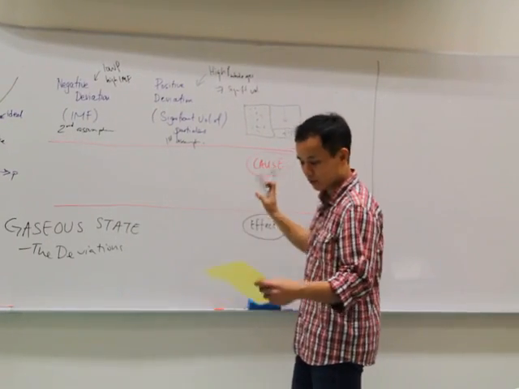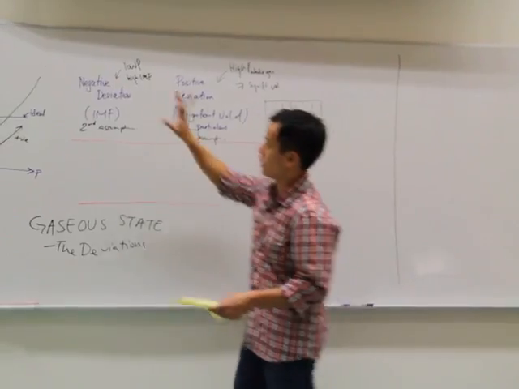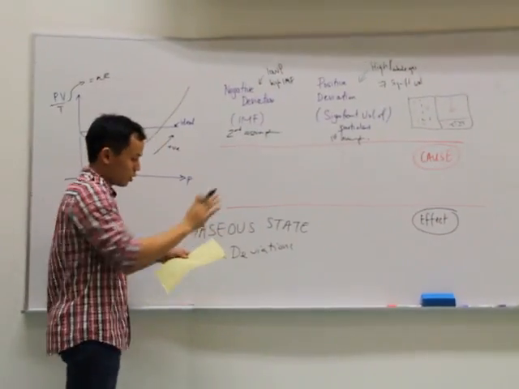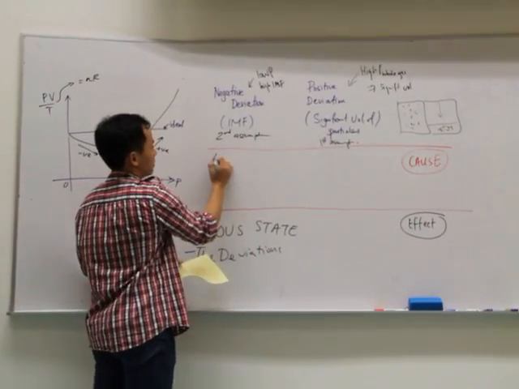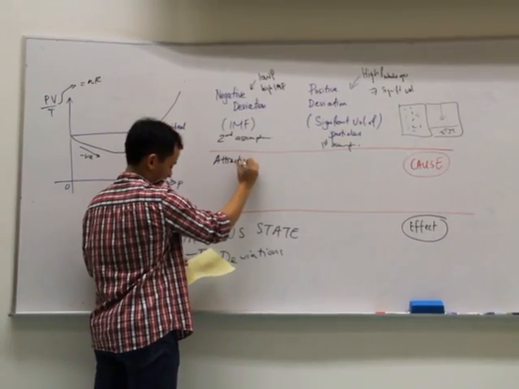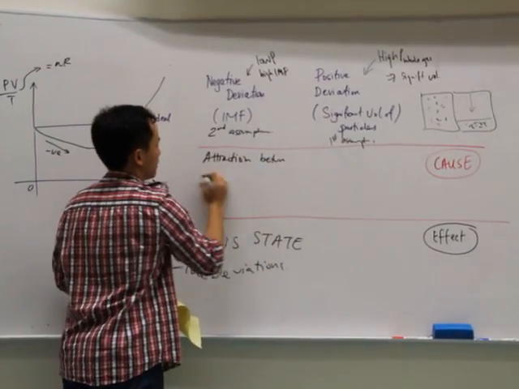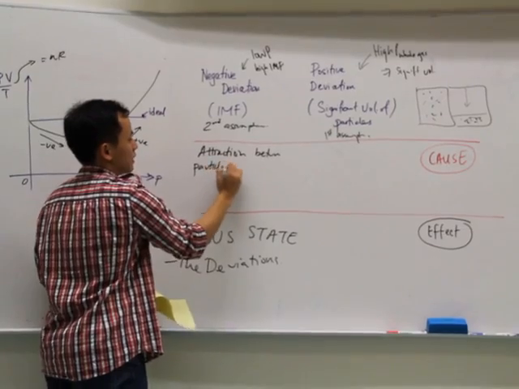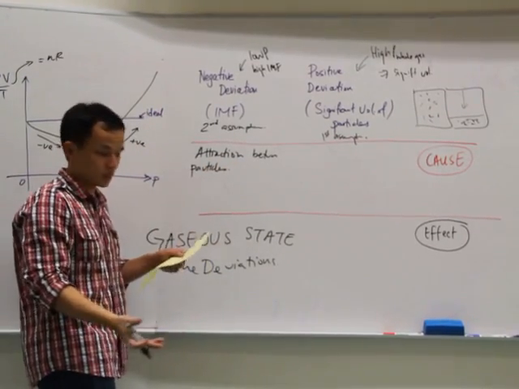Now looking at each one of them in sequence. For negative deviation, the cause is that there's attraction between particles. These are the IMF, intermolecular forces.